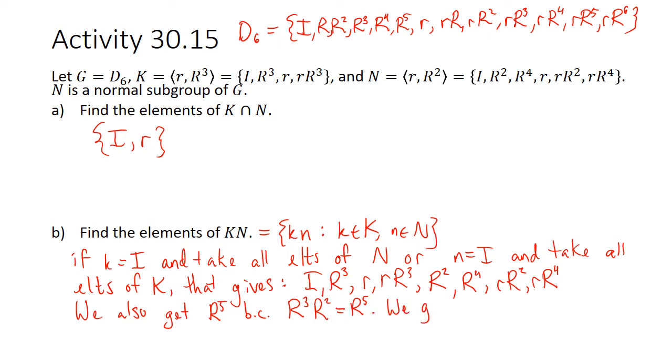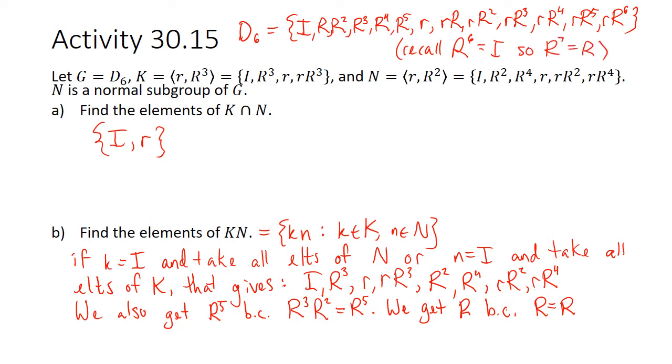We get just r by itself, because, let me do it like this. Recall that r to the 6 is equal to I, so r to the 7 is equal to r.